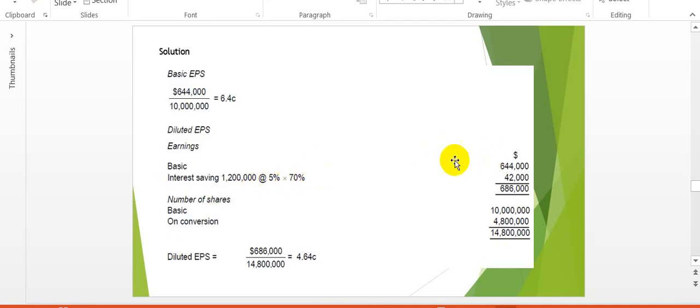That will give us 42. So our earnings will increase from 644 plus 42 will now be 686,000.